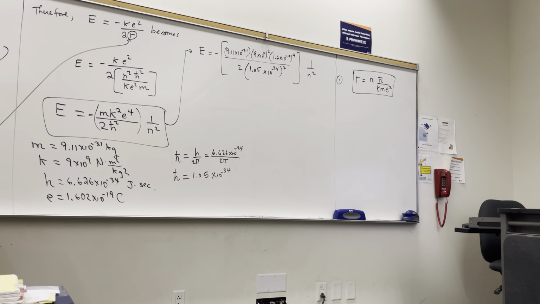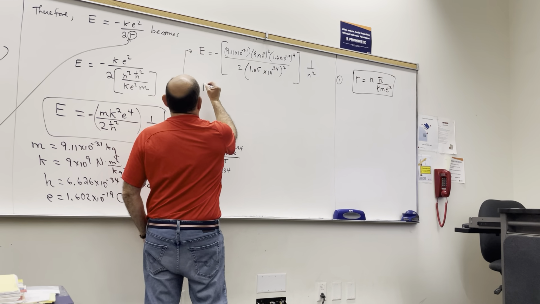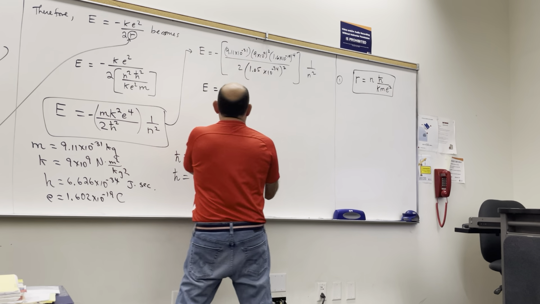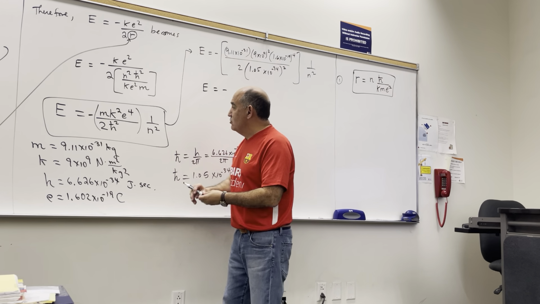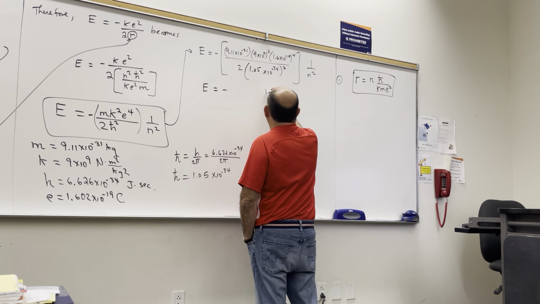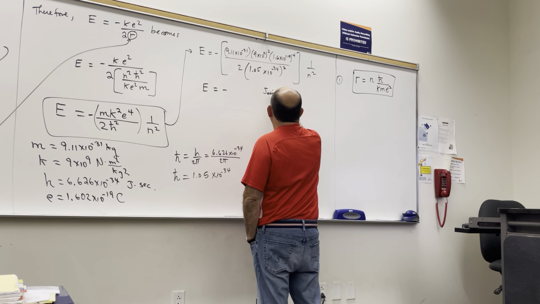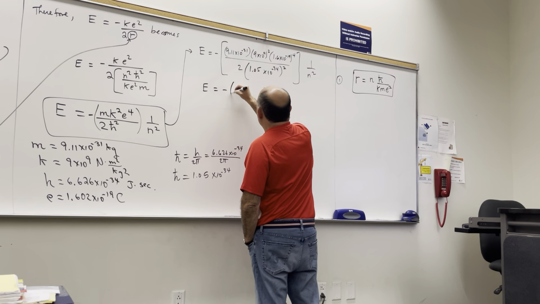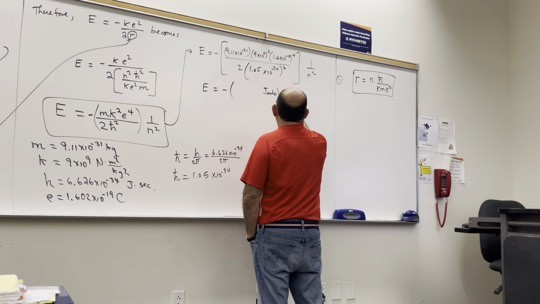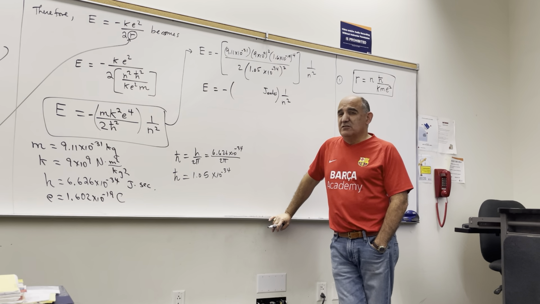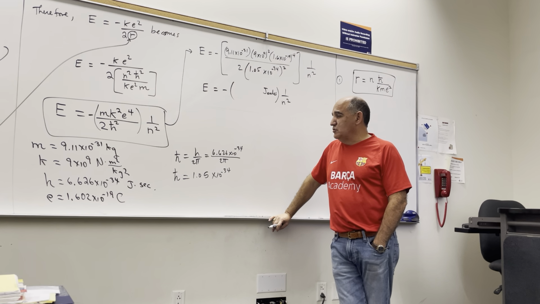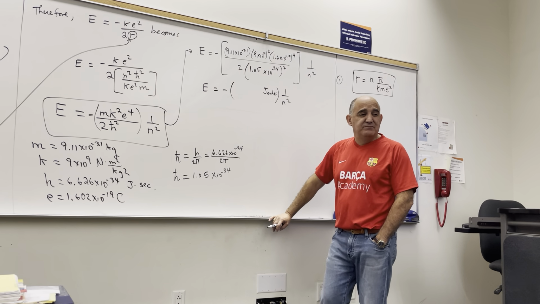Okay, so what do you get for the energy levels over here? Minus, and I notice that I use everything in the metric system, so this is going to be some energy in joules, times 1 over n squared. And I think you get a pretty small number, maybe 10 to the minus 18 joules. I don't know, tell me what you get.